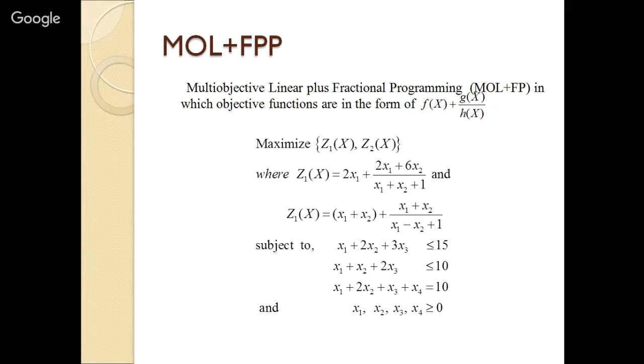For that purpose you can use search methods, like the optimization search methods we are reading about: particle swarm optimization, and a genetic algorithm can also be used. You can even use the fuzzy approach. Now the picture is clear: you have to find the best solution, and for that you can use different approaches.